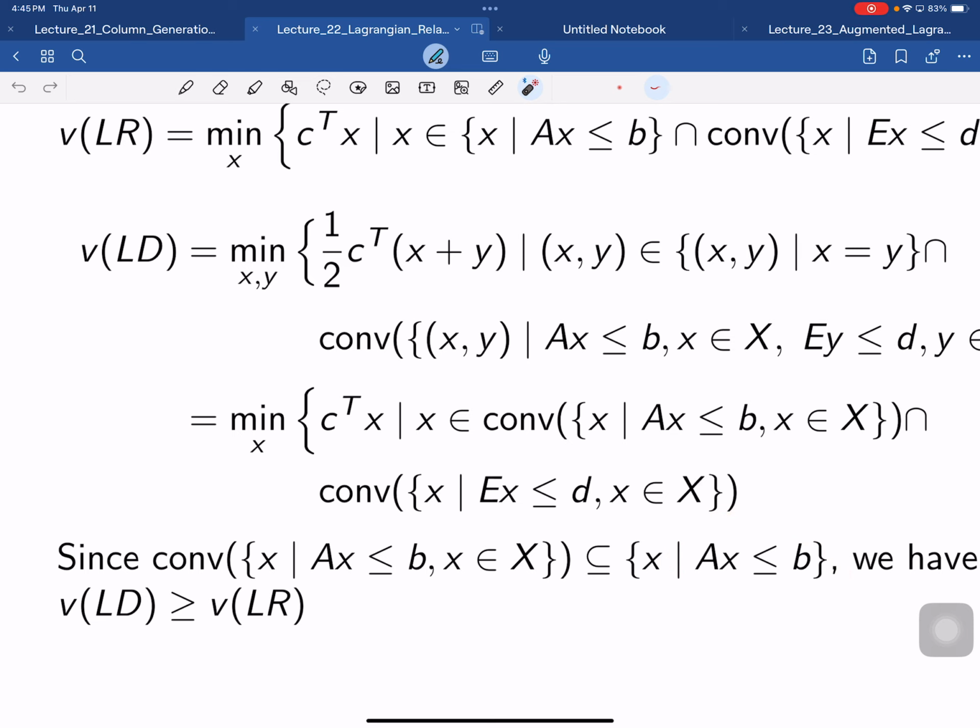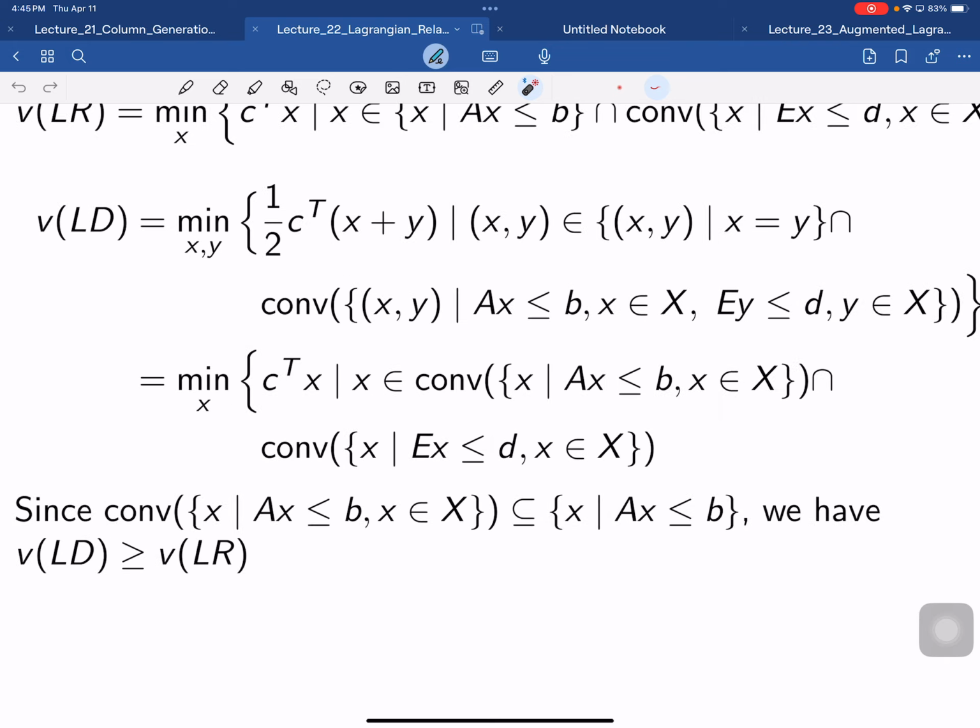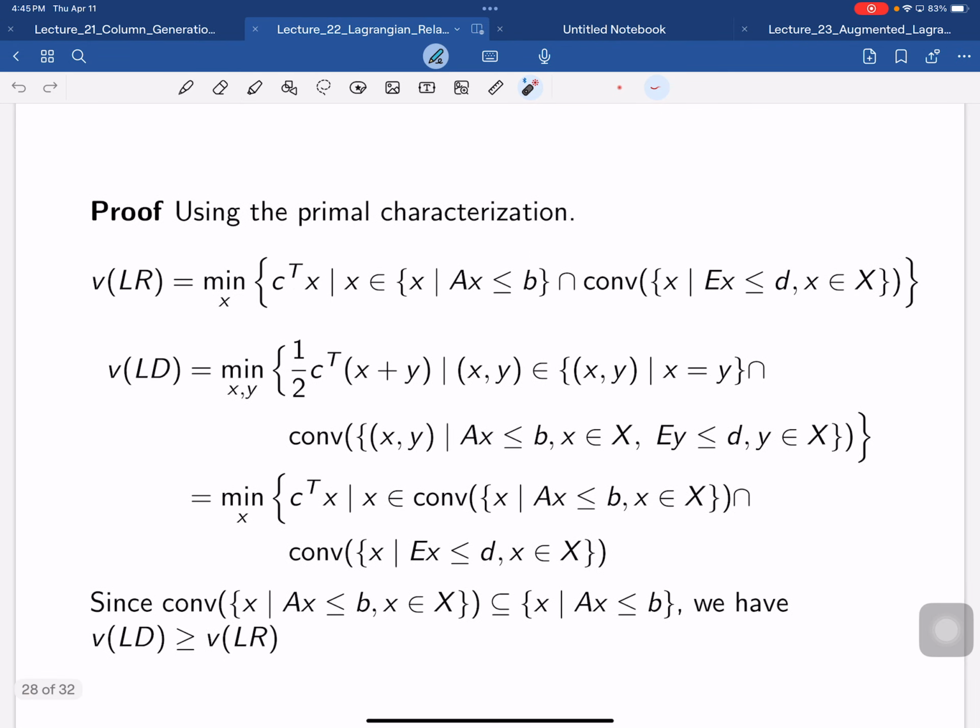Because the first set is more constrained than the second one. You have a mixed integer constraint in the first set. Okay, so then it is easy to show that the Lagrangian decomposition bound must be greater than the Lagrangian relaxation bound because this feasible region is more constrained in Lagrangian decomposition. Okay.